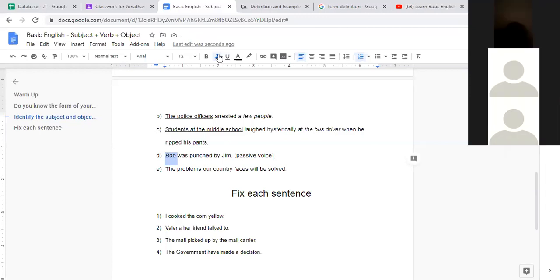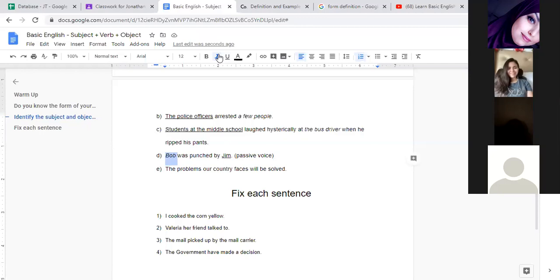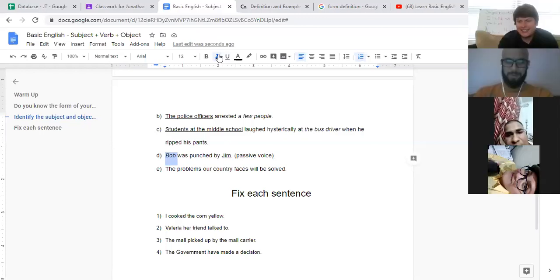One of those variations we have is called the passive voice. That is simply when you change the order of the object and the subject. So we can do this in English, right? Bob was punched by Jim. Don't forget, we just use this auxiliary verb like this, right?